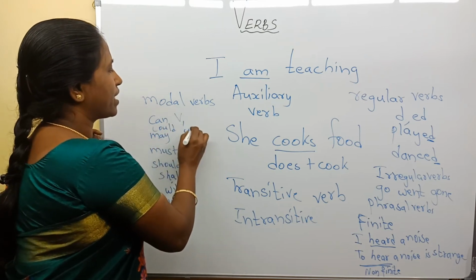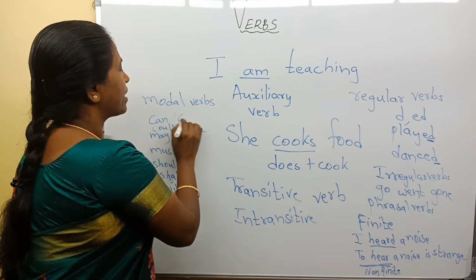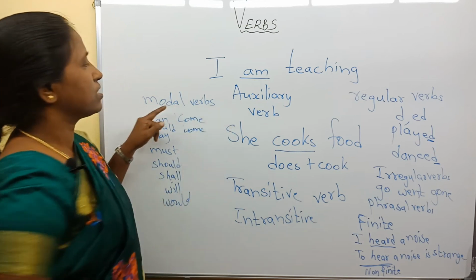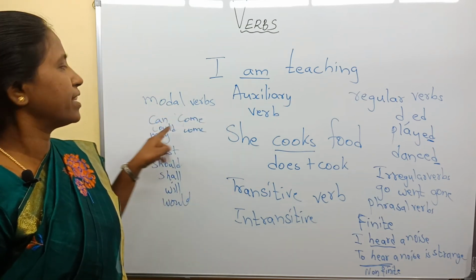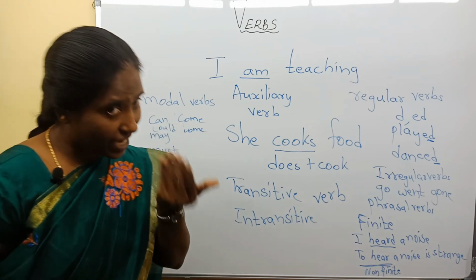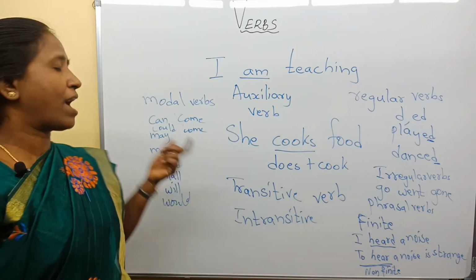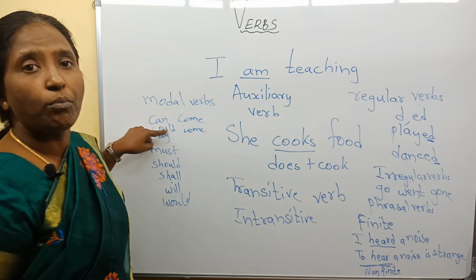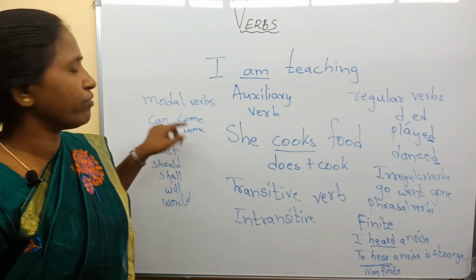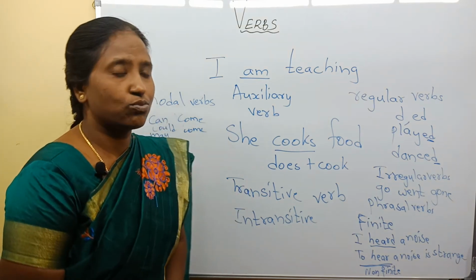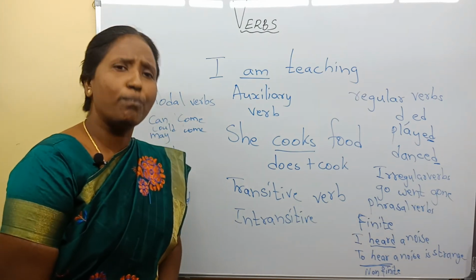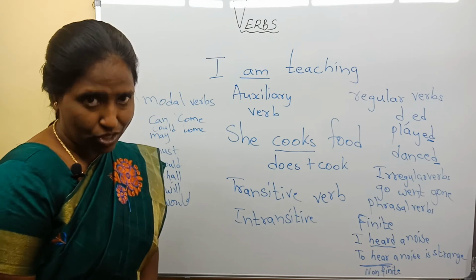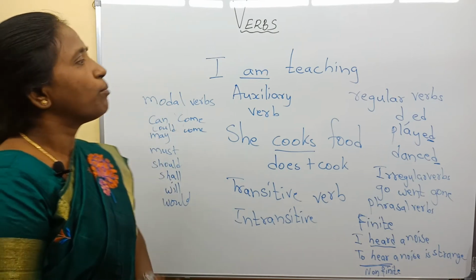Could come. But the come, the V1 form, remains V1 only. If any change of tense has to happen, it happens with the modal verb, but the V1 form remains the same. Such verbs are called modal verbs. Generally they are used for obligation, some permission.